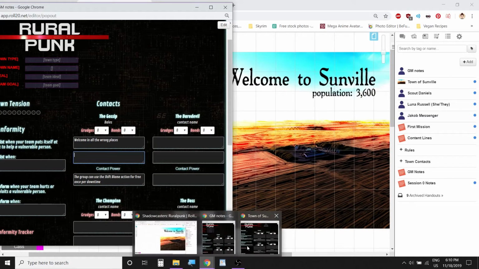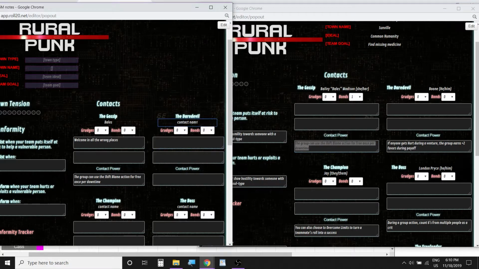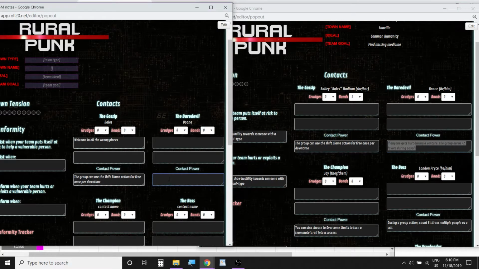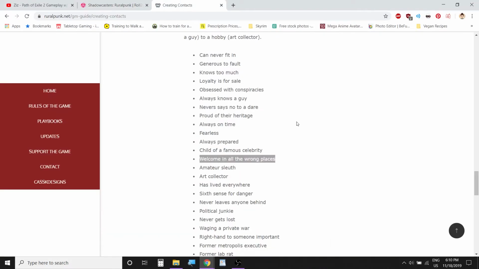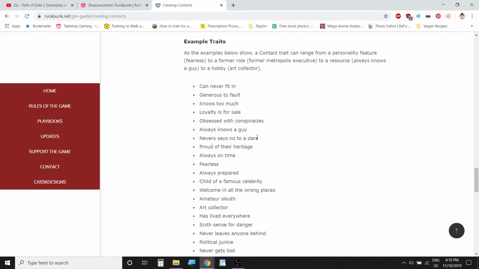So our next person is the Daredevil, and his name is Boone in this town. So Boone, when they befriend him, if anyone gets hurt during a venture, they will earn extra favors from it. So getting hurt during the venture will impress the Daredevil, and they'll earn some extra favors. So if we think about our Daredevil, fearless is one, could always never say no to a dare.